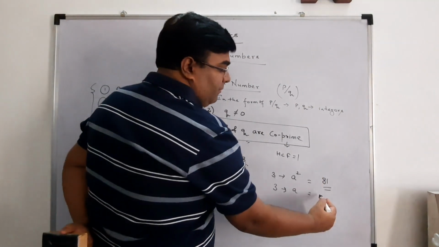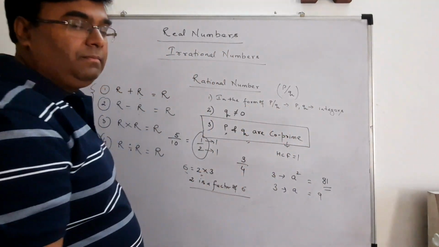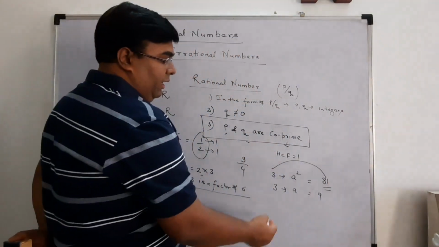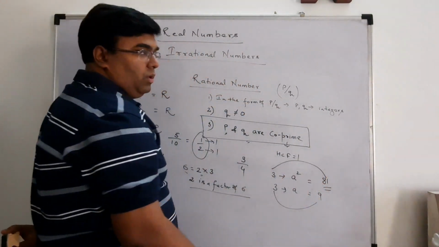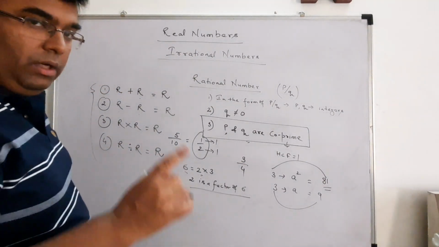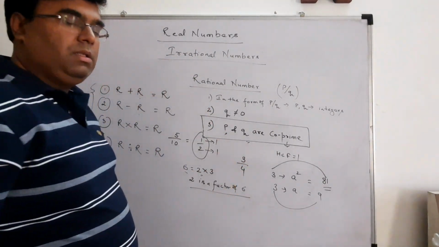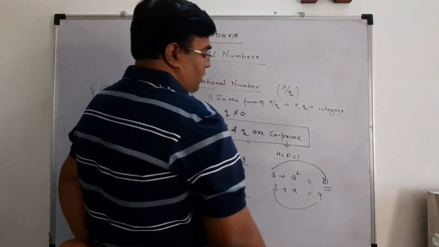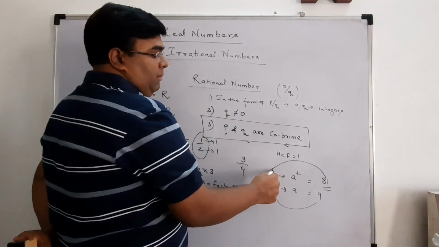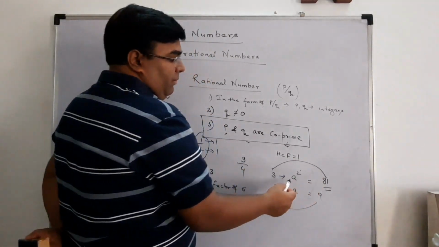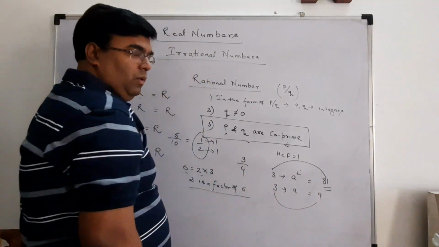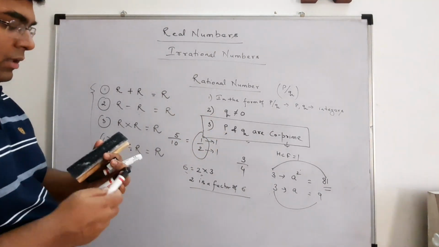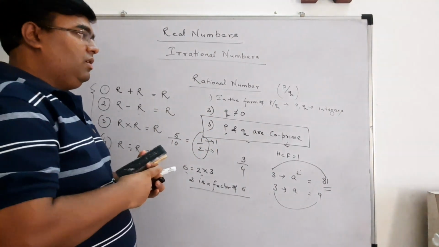What is my a? a is 9. If 3 can divide 81, 3 can also divide the square root of 81, which is 9. It is only true for prime numbers. So if a prime number can divide a square, it can divide a. Now we will use all these concepts to prove an irrational number.